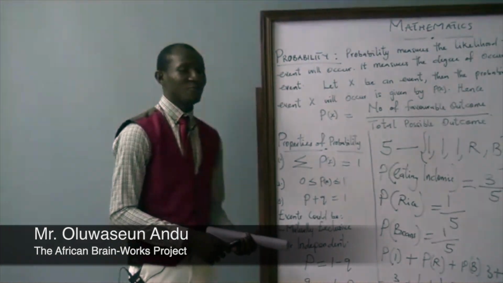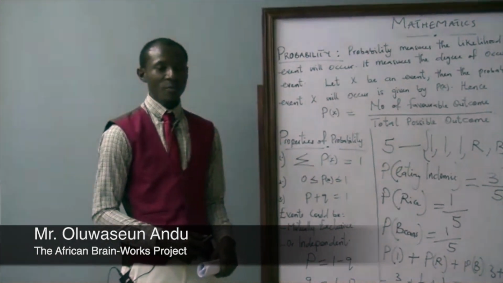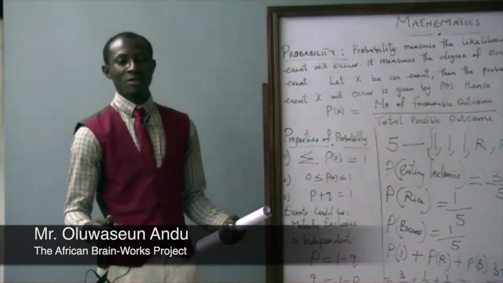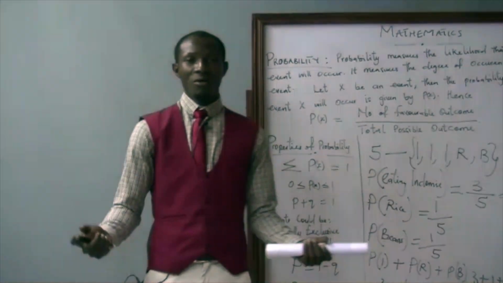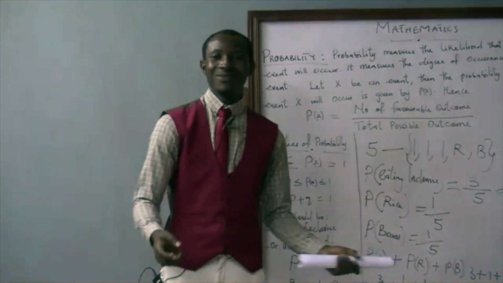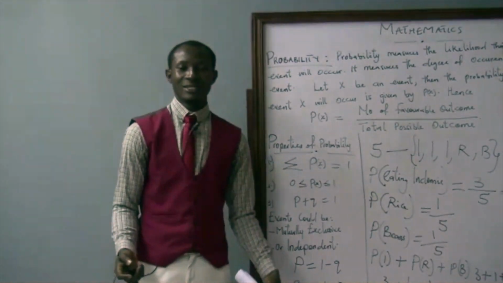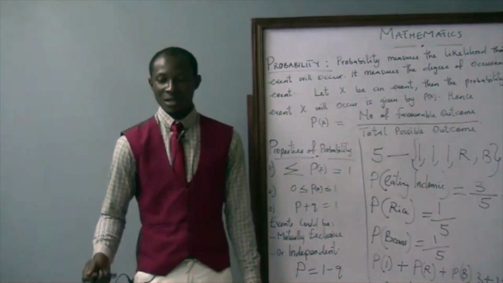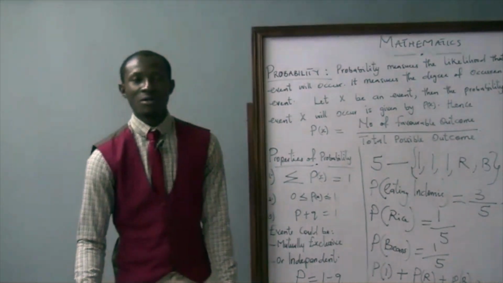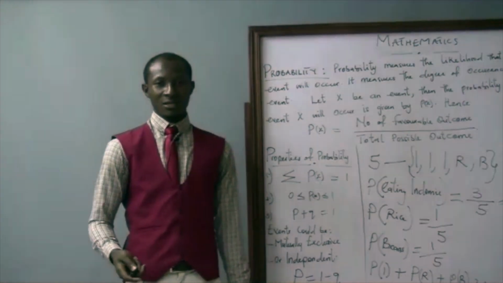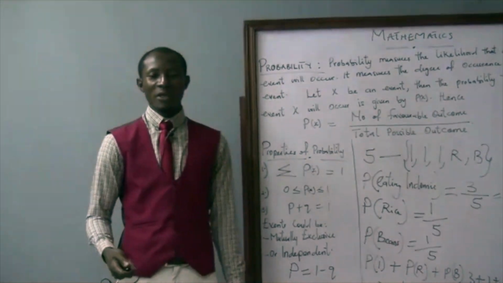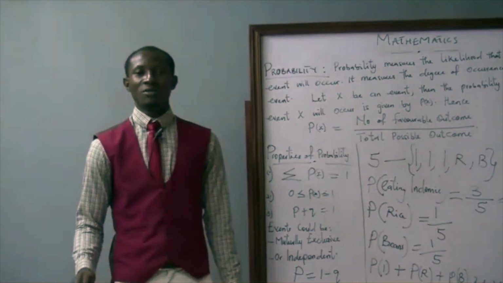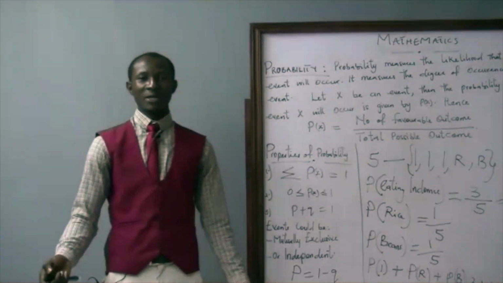Then independent events. When 2 events or more can occur individually without disturbing each other, they are said to be independent. I could be singing and still be sweeping. The event of singing does not disturb the event of sweeping, so both events are independent.